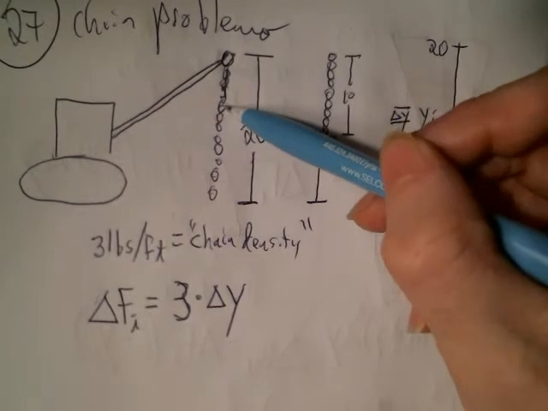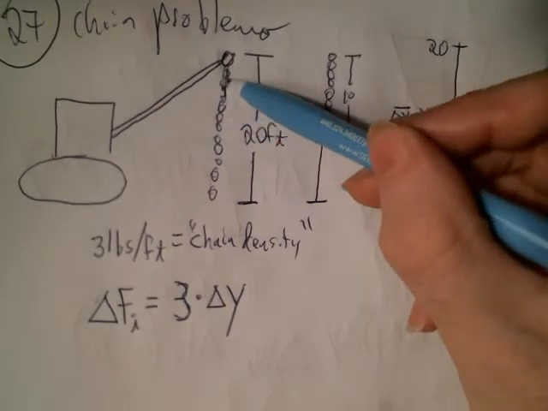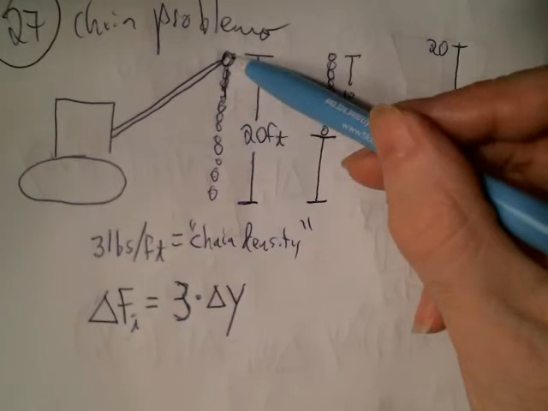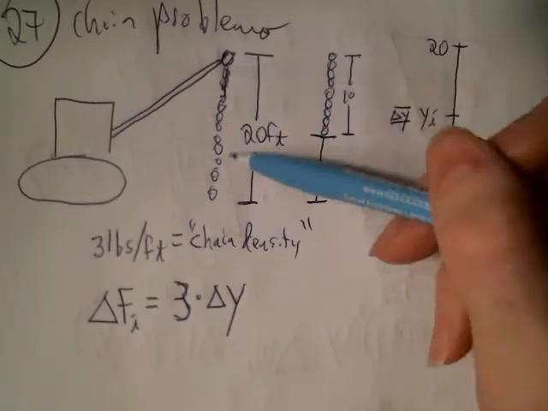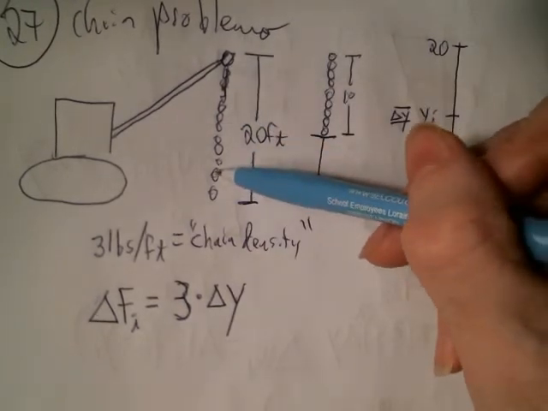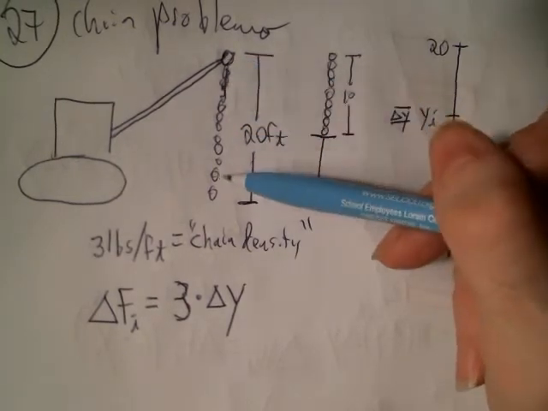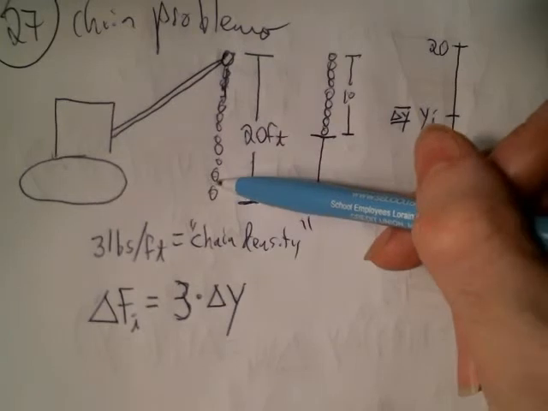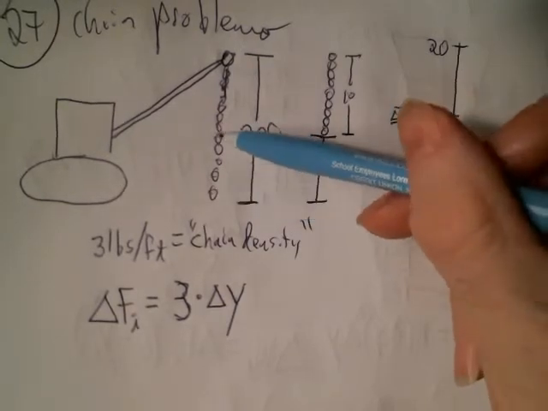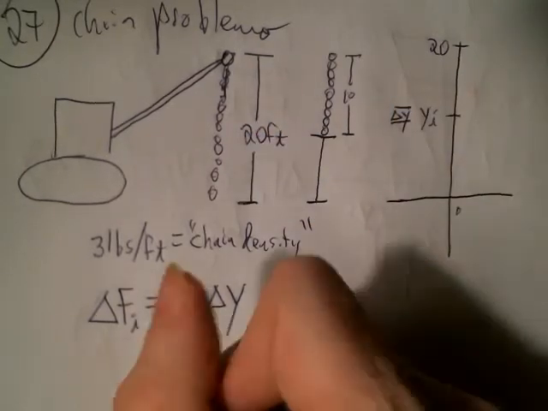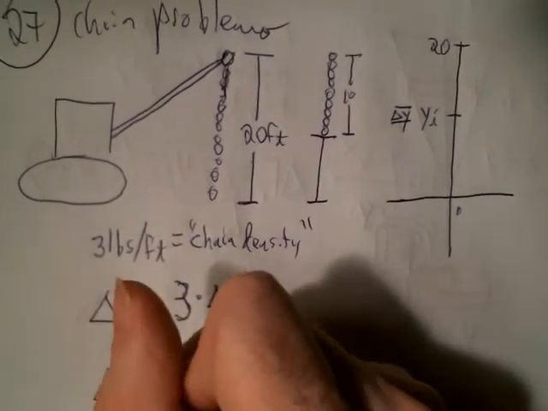So this bit of chain will move farther than this bit of chain. And then all the chain down here will all move the same distance, right? Because they're not going to get onto the winch. They'll always be moving by 10 feet.